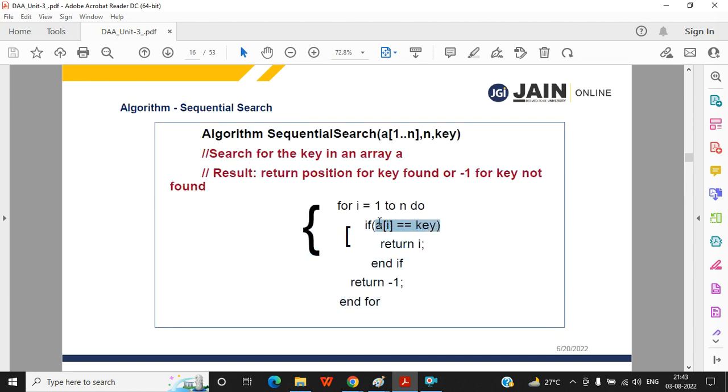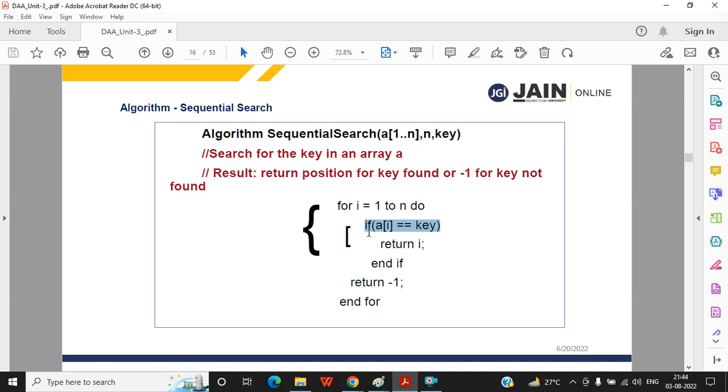Only one. This is called the best case. If you are getting the solution in the minimum amount of time, that is the best case: the smallest number of work the algorithm needs to perform.